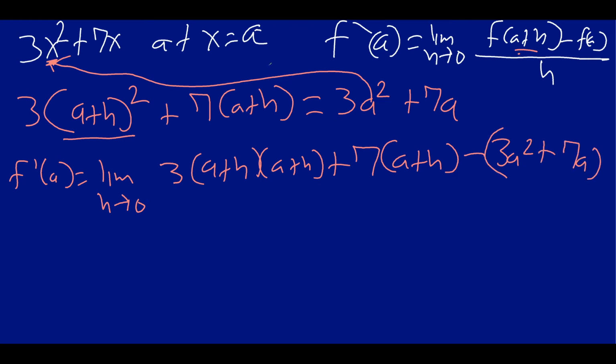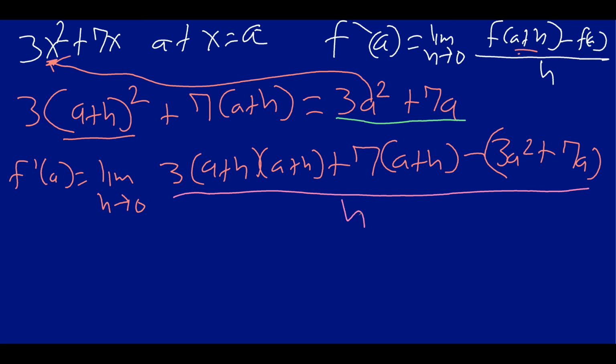So what I did here is I subtracted this from over here. I moved it to the left-hand side of the equation. And so now we're going to put all this over h.